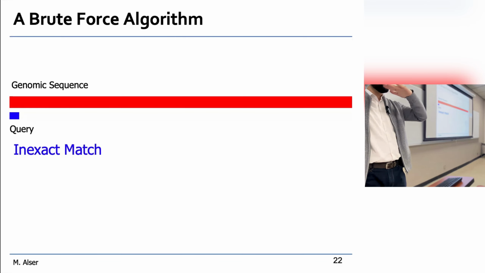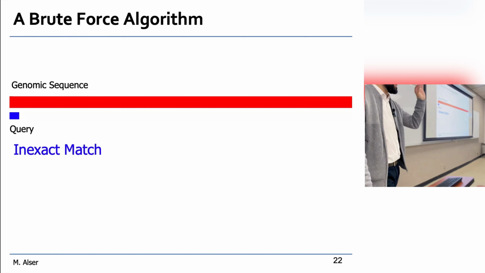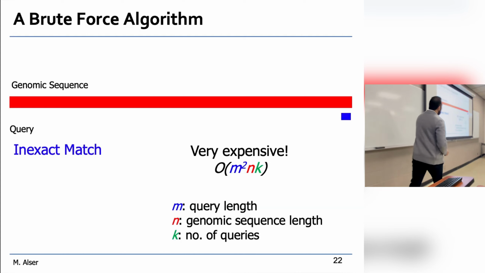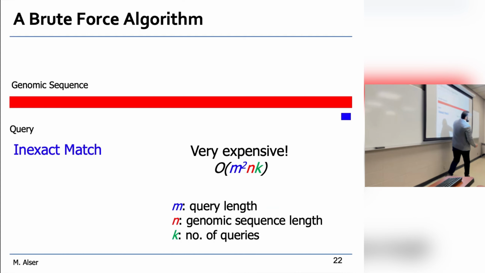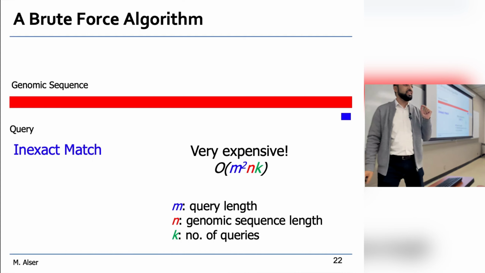Why is that? Because as human beings, we have some differences, right? So not necessarily all the time do we look for an exact or perfect match. We could have inexact matches as well. And if we want to do that, now the story is different, because the way I check the subsequence is no longer character by character.